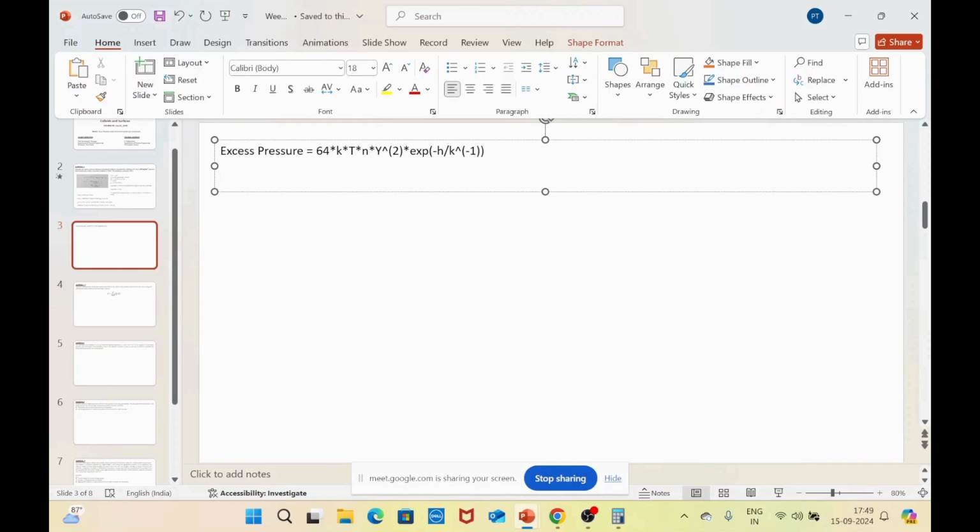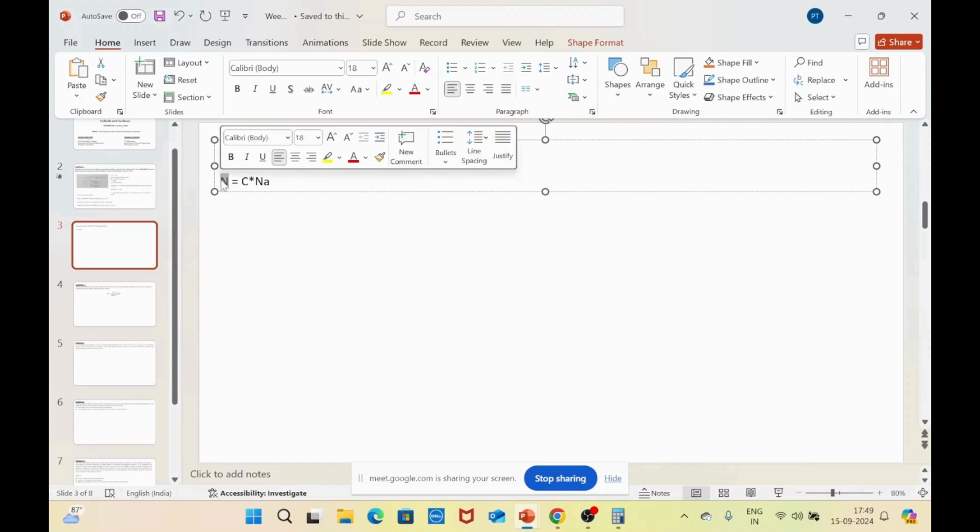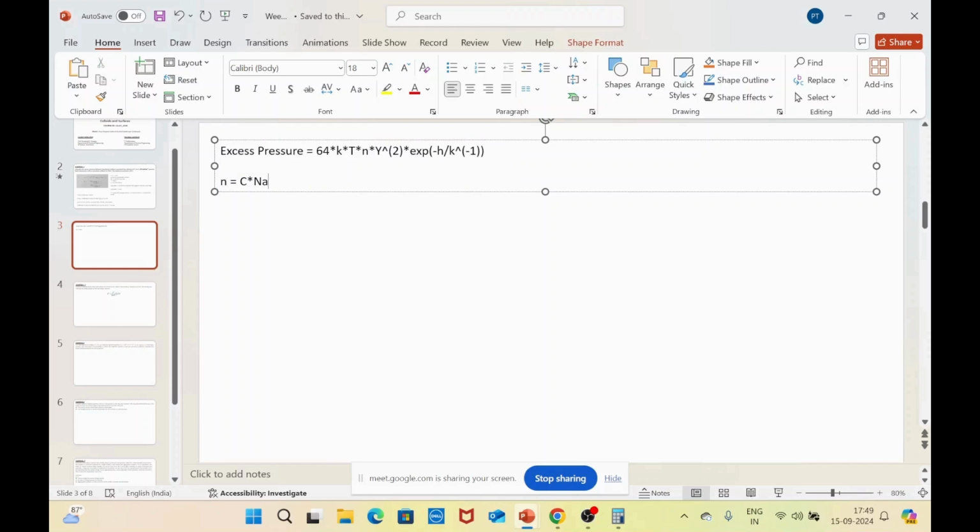So here you can express C times Na, that is your concentration into Avogadro number, will give concentration in terms of mole per meter cube, into Na will give your N, and your K is nothing but Boltzmann's constant. So Boltzmann's constant can also be given as R by Na.